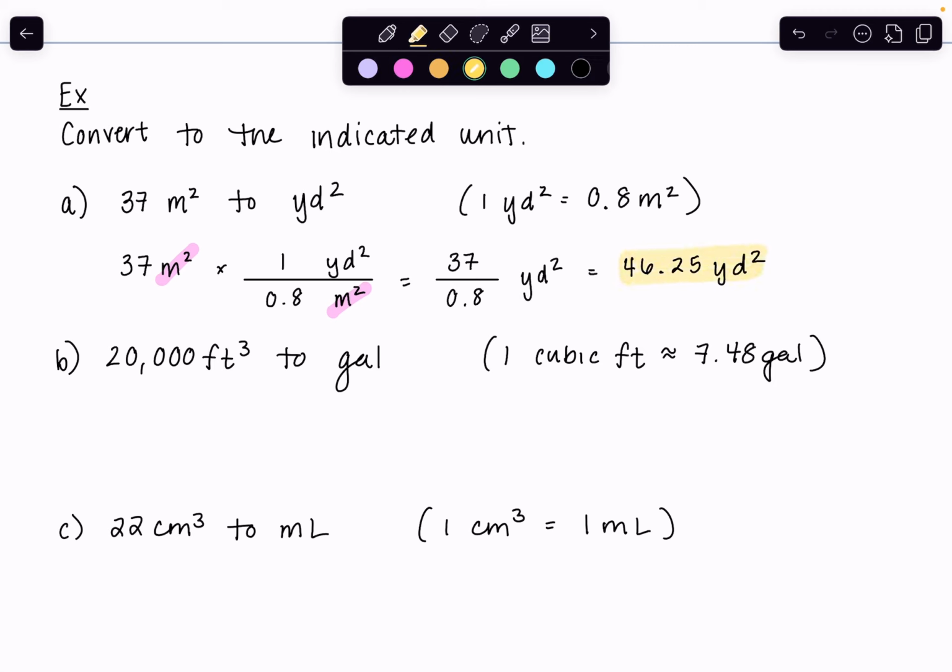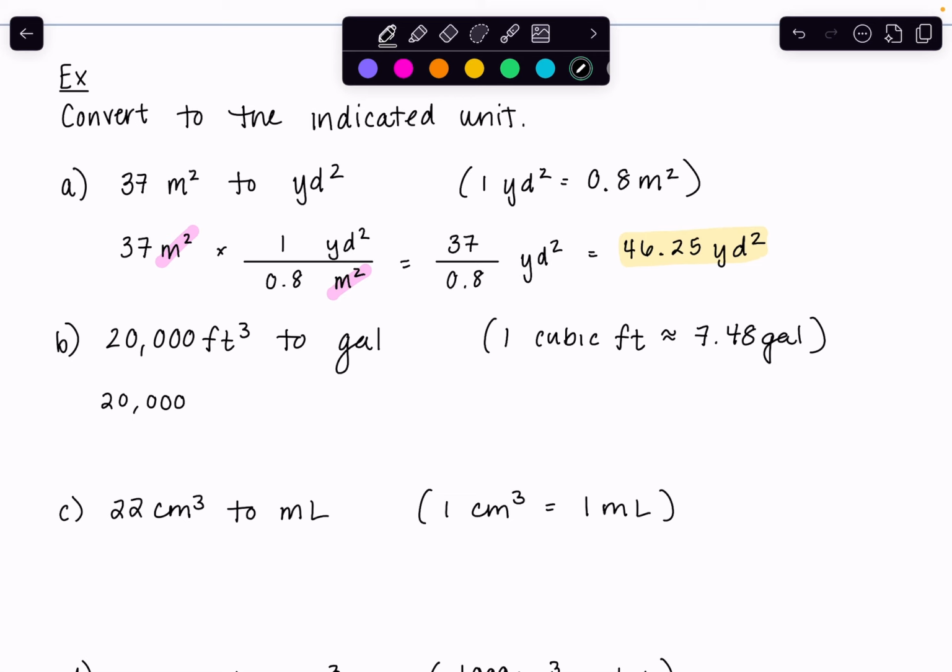For this next one, we're starting with 20,000 feet cubed, and we want to get to gallons, and thankfully there is this direct connection, cubic feet to gallons. So I can put feet cubed in the bottom, gallons up top, to make my feet cubed disappear.